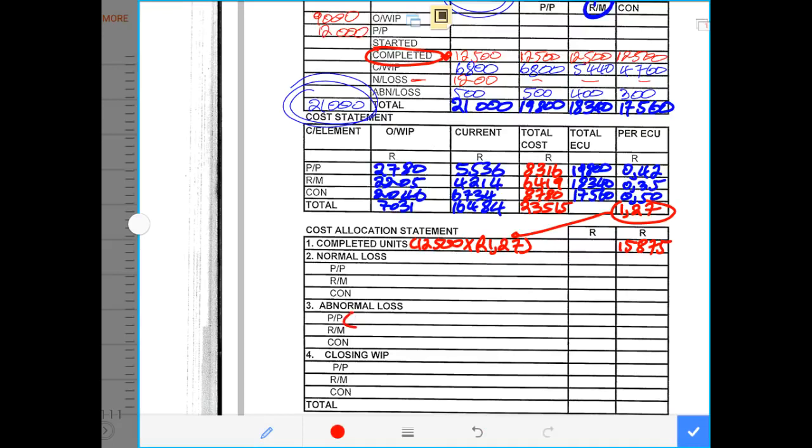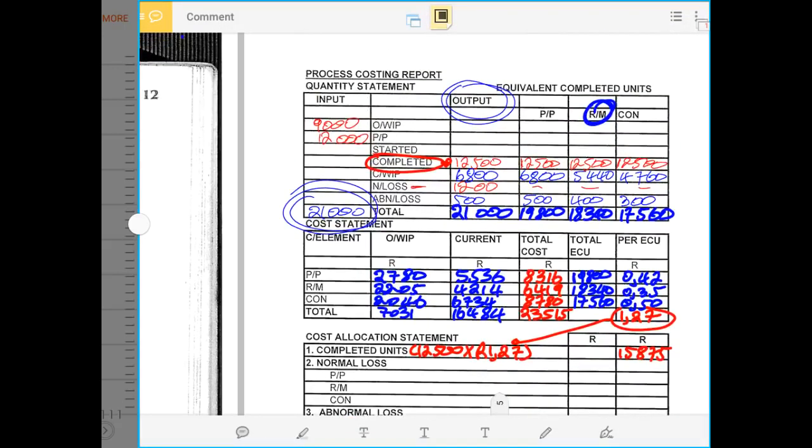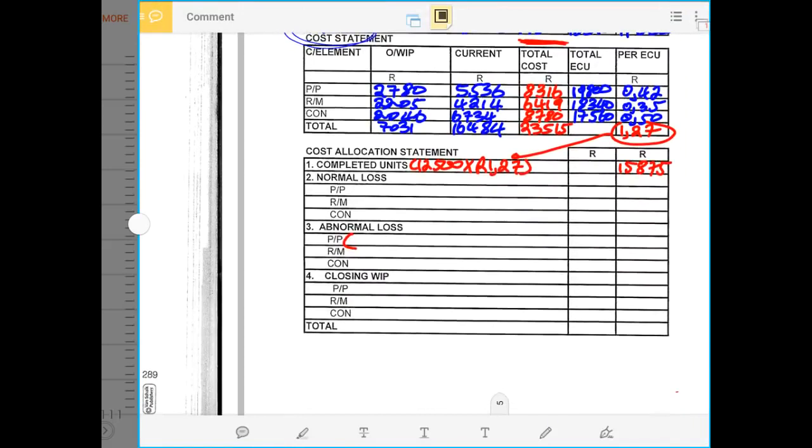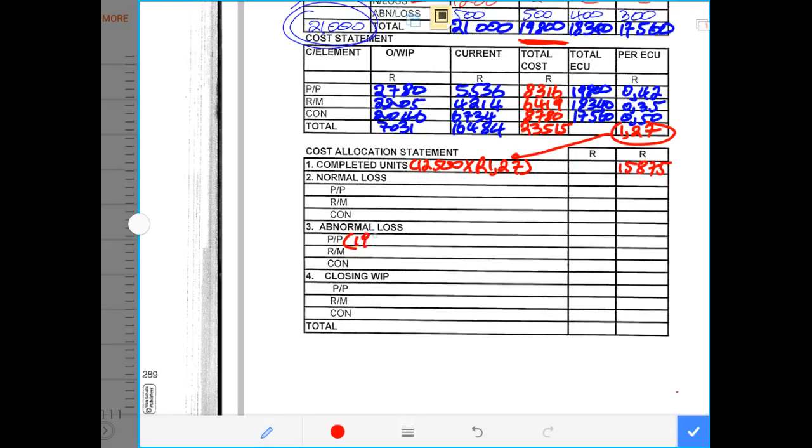Our previous process units, here is the previous process, PP. Total units of PP is 19,800. You take those units as they are, 19,800. You multiply that by the previous cost per unit. Here in the cost statement, here the PP, previous process, and here is the cost per unit of the previous process.